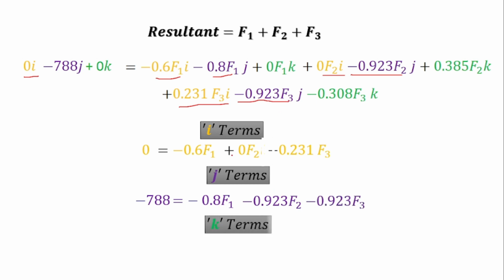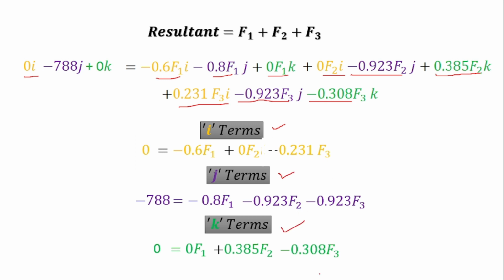The last equation is for k. So 0 is equal to the green term, 0 F1 plus 0.385 F2, and the last term is minus 0.8 F3, written here. Okay, so this is how we can write the equations for the coefficients of i, j and k.